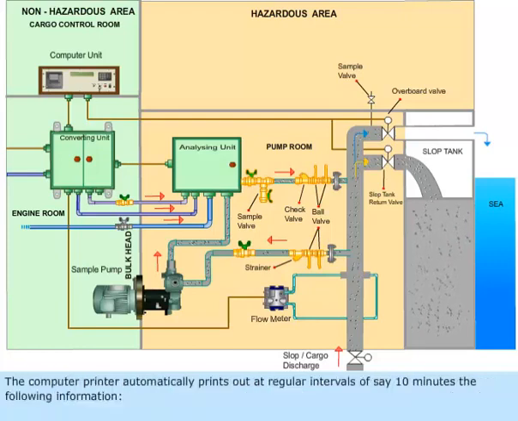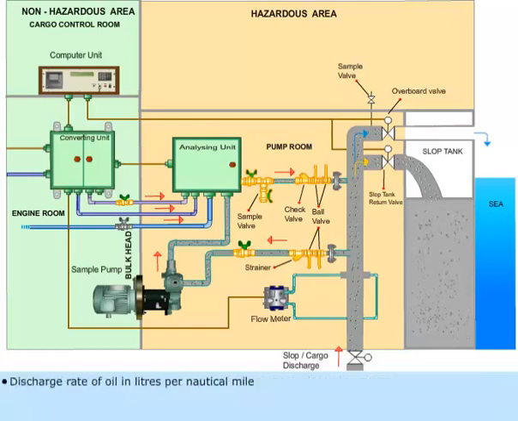The computer printer automatically prints out at regular intervals of, say, 10 minutes the following information. Discharge rate of oil in liters per nautical mile. Oil content in ppm. Total quantity of oil discharged in cubic meters or liters.